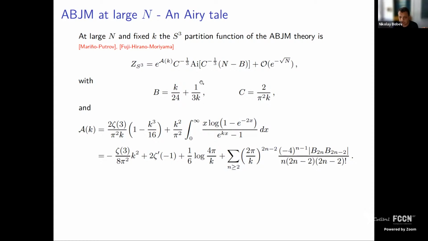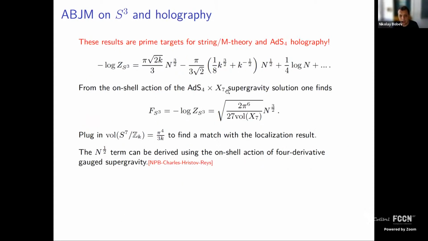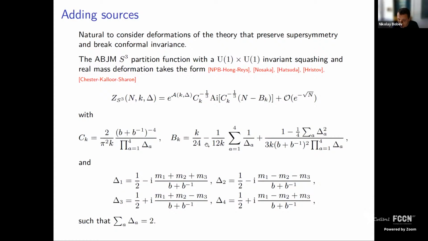But this extra piece, well, first of all, here I'm not turning on the deltas. But even if you turn on the deltas, then B changes. Again, the k over 24 is robust, but this extra piece is not the same on S3 and on S1 times the Riemann surface. So one of the big open questions is what M theory or string theory effect is responsible for these shifts of n.